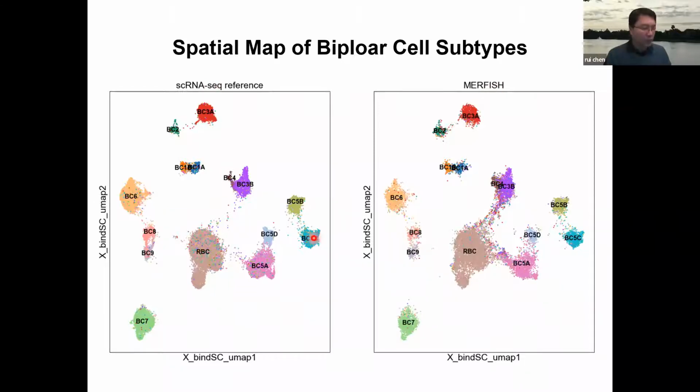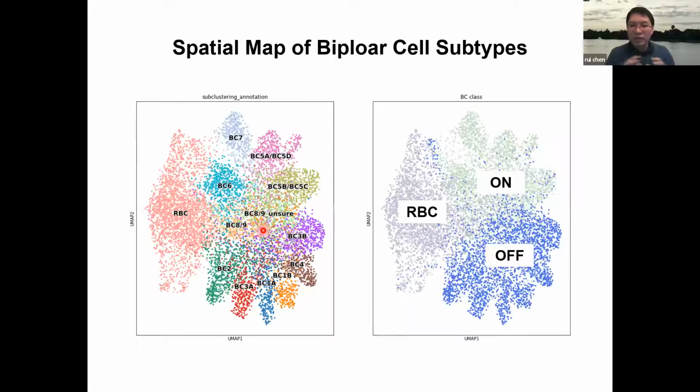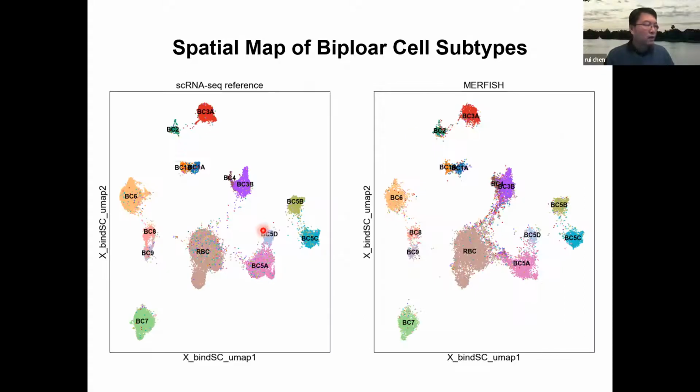And as you can see, instead of semi-separate clusters, they can be separated much better into very distinct clusters, primarily driven by RNA-seq resolution. As a result, we can get all 15. With this information, we can explore whether there are any spatial patterns that were not obvious before, without this sort of data.